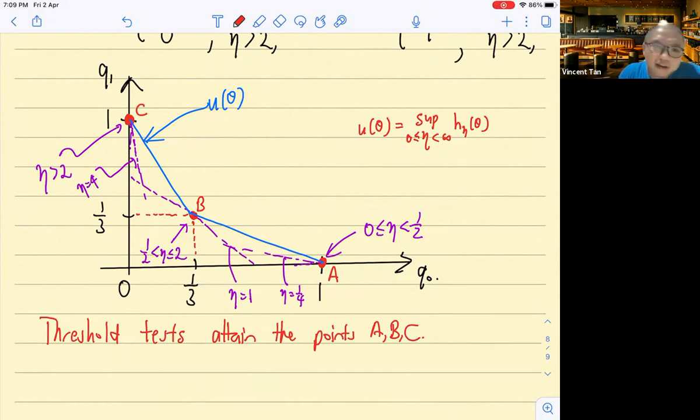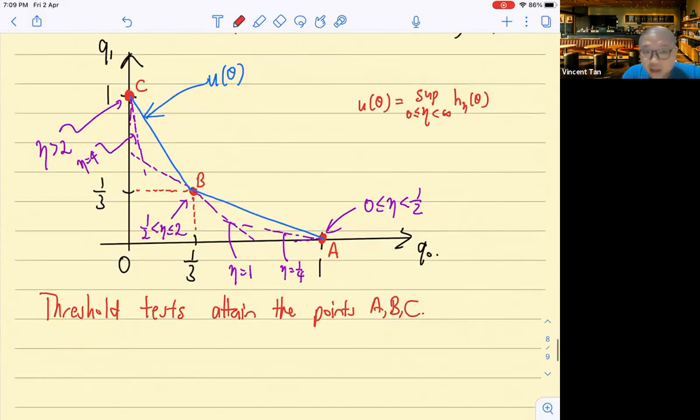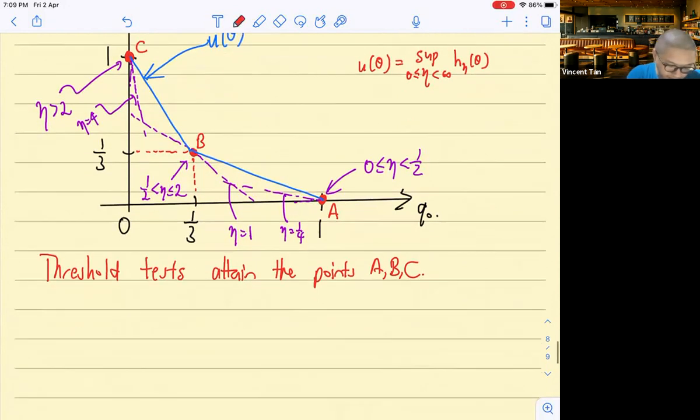But these points are a very small part of our error curve, which is the curve in blue. Very small part, because the error curve is this entire blue thing here. This point here, for example, is not attained by a threshold test.